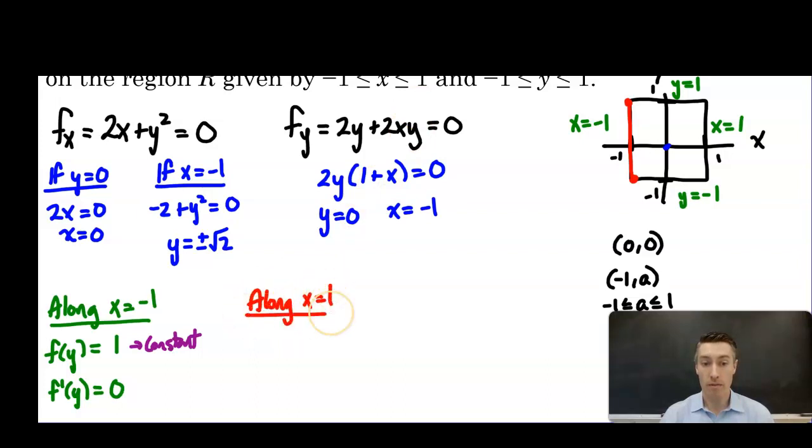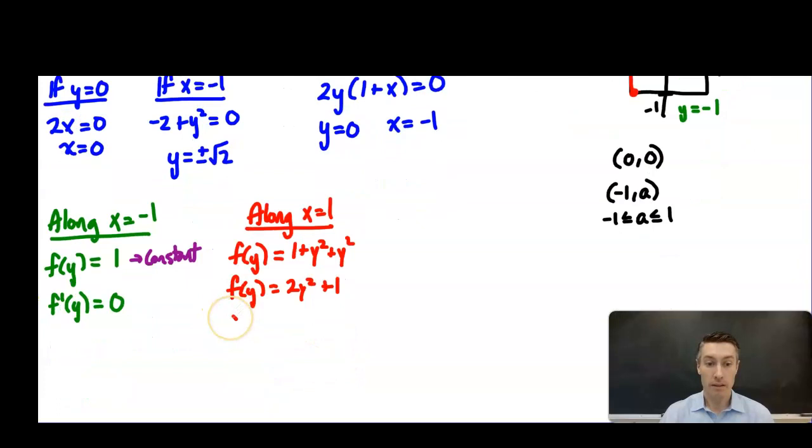Now let's go along x equals 1. So then our function in terms of y is going to be 1 plus y squared plus y squared. So that's 2y squared plus 1. Take the derivative with respect to y, we get 4y equal to 0, y equals 0.